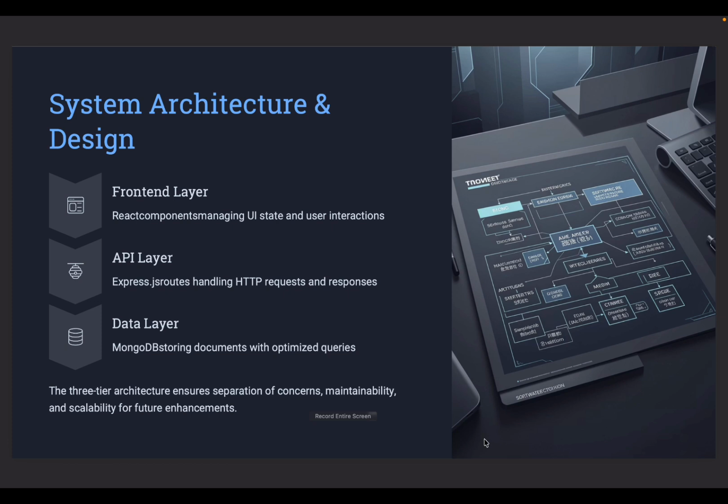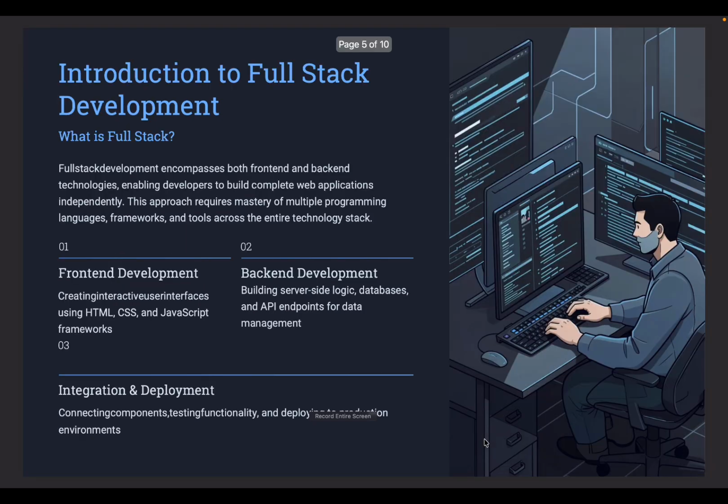The data layer, that is the backend layer, where MongoDB is used to store structured documents. This separation improves the maintainability, the scalability, and the debugging efficiency, as well as the future upgrades are easily applied to the system. So each layer works independently, but it communicates through APIs.